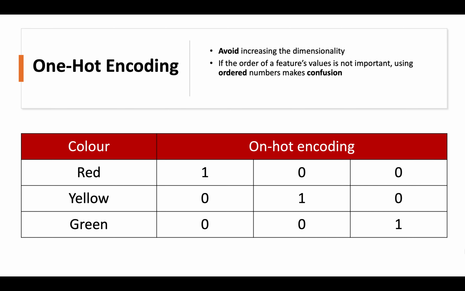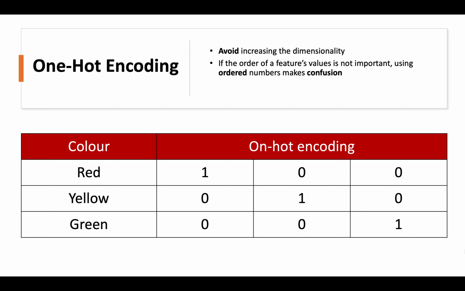That is why you should not transform red into 1, yellow into 2, and green into 3, even though that would avoid increasing the dimensionality, because that would imply that there is an order among these values in this category, and this specific order is important for decision making.